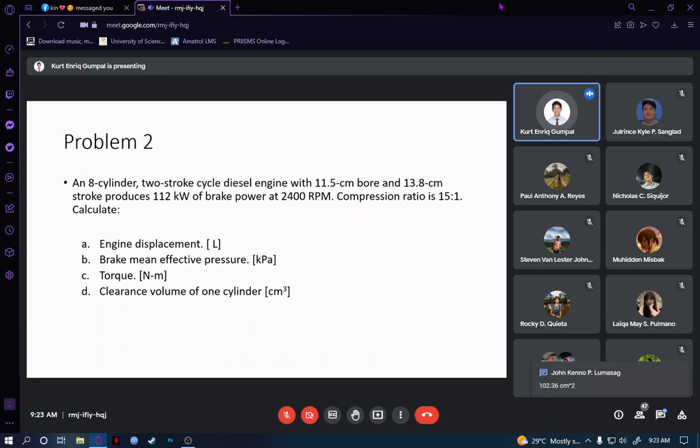Take note, this is 8 cylinders, not 4. 102.41, 102.42, 904.6, 102.36, 102.41, 102.41. Guys, it's cm cubed, not the cm squared from earlier. In the problem, it's cm cubed.